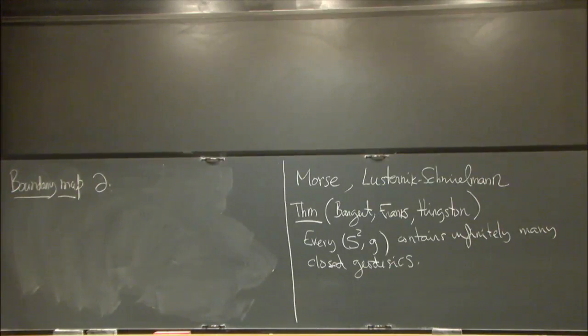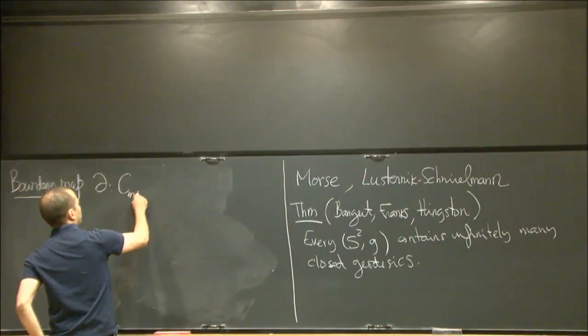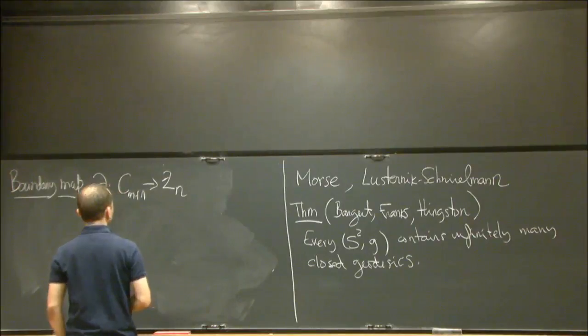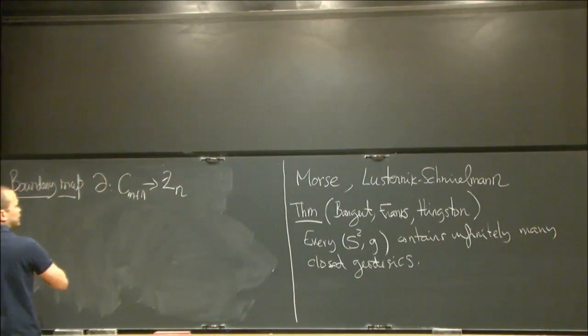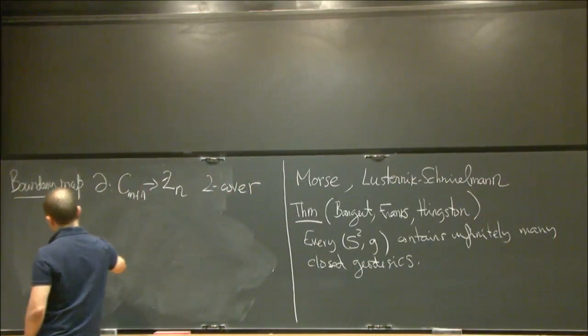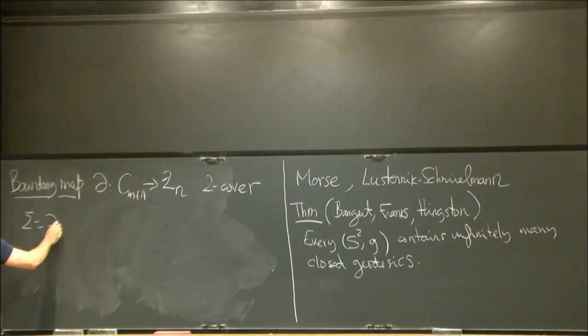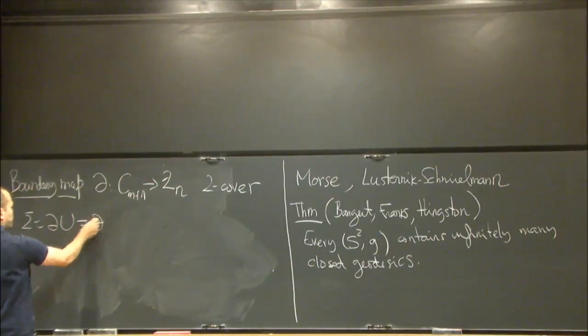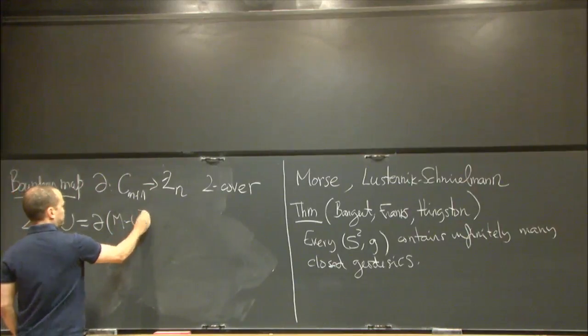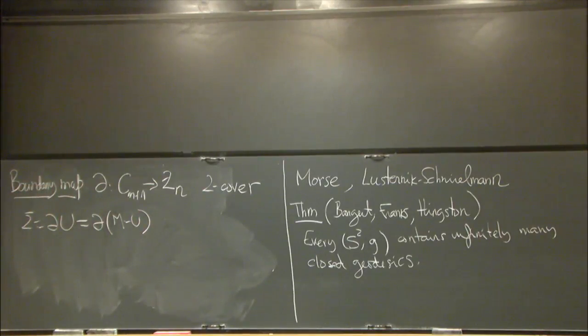Just think of n plus 1 as the top dimension, so an n plus 1 chain would be just, say, a region in M. So you can compute its boundary and get a cycle. Everything here mod 2. And then the point is that this is actually a 2-to-1 cover, right? Because if I have a cycle sigma, sigma is the boundary of some U, and the only other region whose boundary is equal to sigma is the complement of U. So this is a 2-to-1 cover.